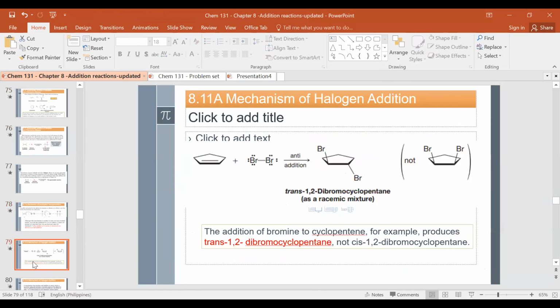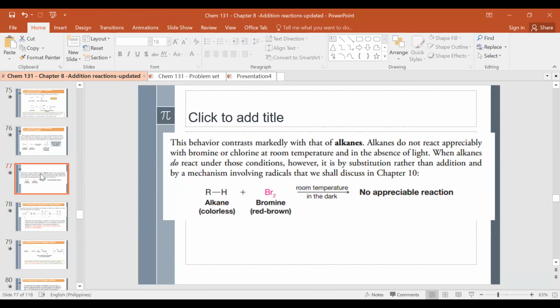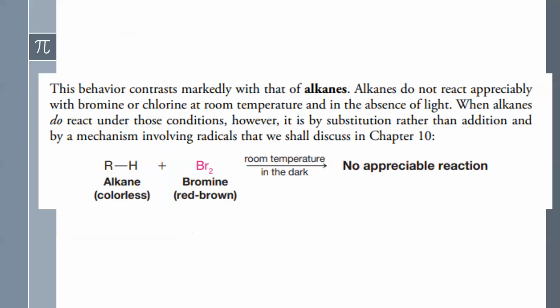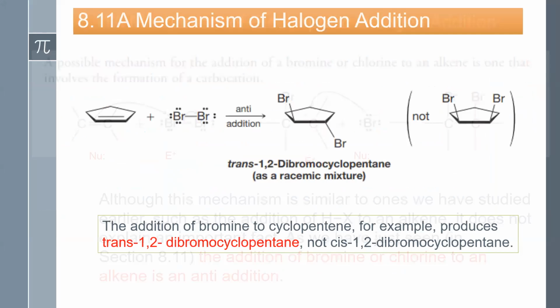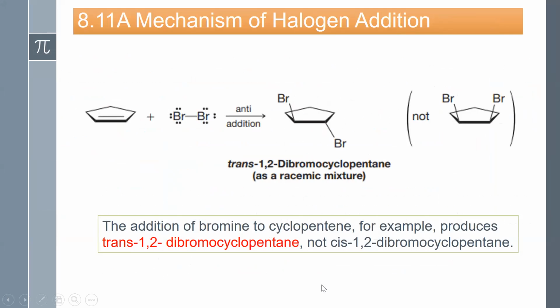Okay, so just remember that. Another example: if you have your alkene here, which is cyclic, and we have our halogen, your bromine, the electrons from the pi bond will attack the bromine.